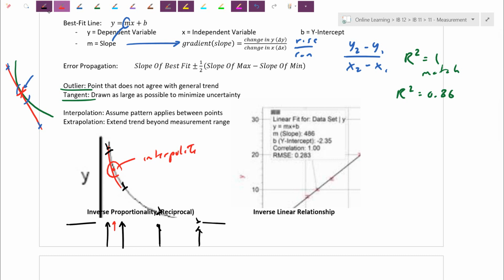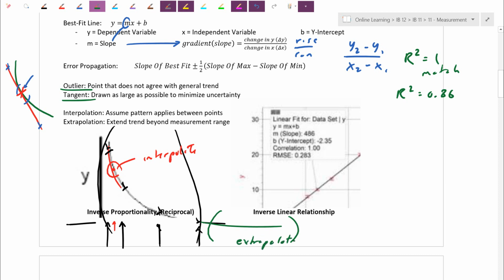If my set of data was only from here to this x, and I pretend that pattern continues to follow after, this is called extrapolation. Usually interpolation is a little more confident because I at least have some readings to justify that the trend still follows. Extrapolating is typically a little harder.